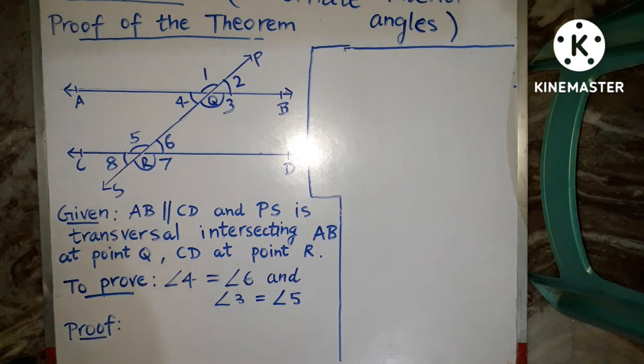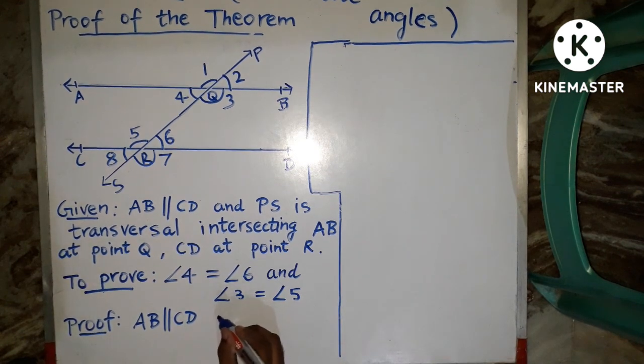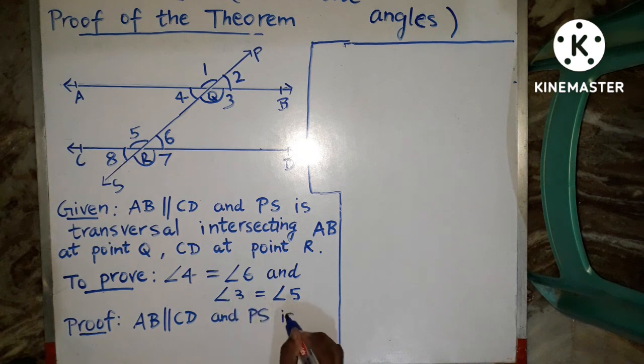We will start from the given information. It is given that AB is parallel to CD and PS is transversal. This is given.